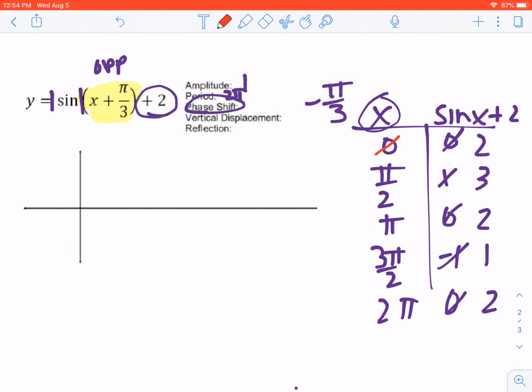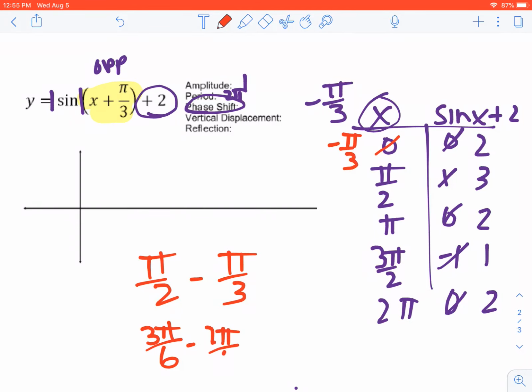All right. So from 0 take away pi over 3 is negative pi over 3. Well, if I have to take pi over 2 minus pi over 3, I need to get them both in sixes. So this is 3 pi over 6 minus 2 pi over 6. So this would translate to pi over 6.